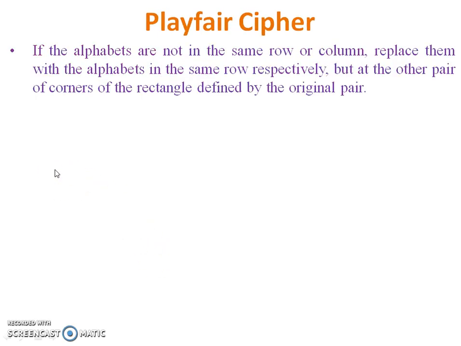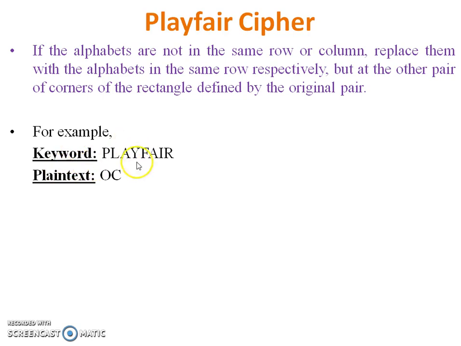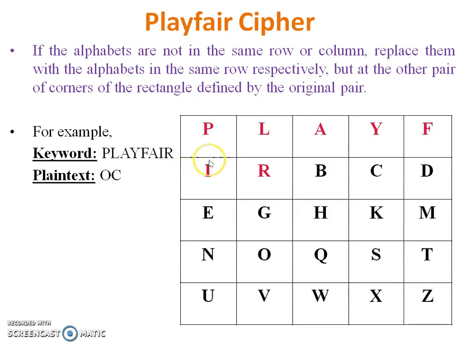Now encryption rules. First of all see the example, then I will explain the rule. Keyword is Playfair and plaintext is OC. So I will generate the ciphertext of OC. First of all create the 5x5 matrix as per the given rule. If the alphabets are not in the same row or column, see the plaintext alphabets O and C: both are not in the same row or same column.